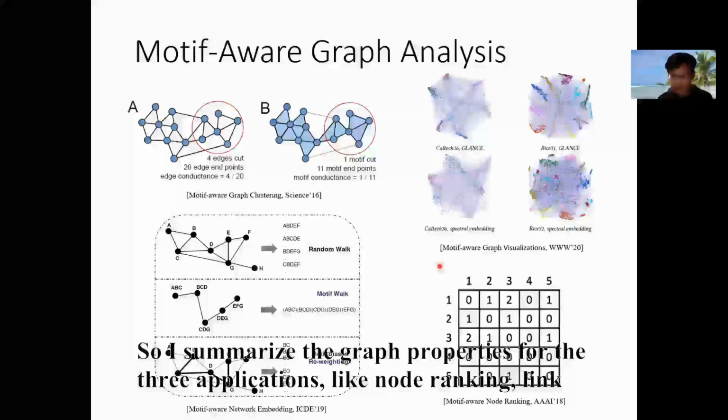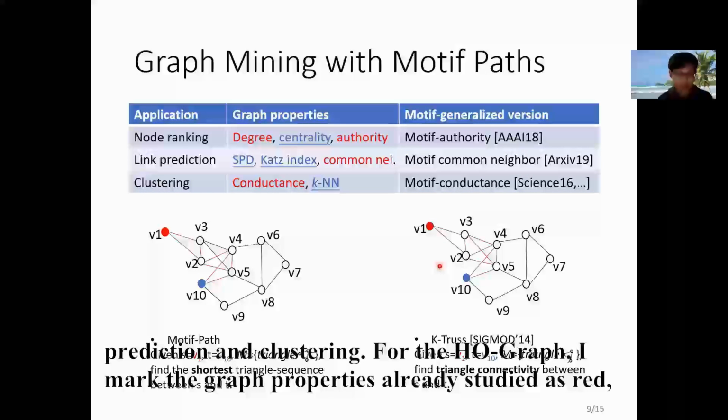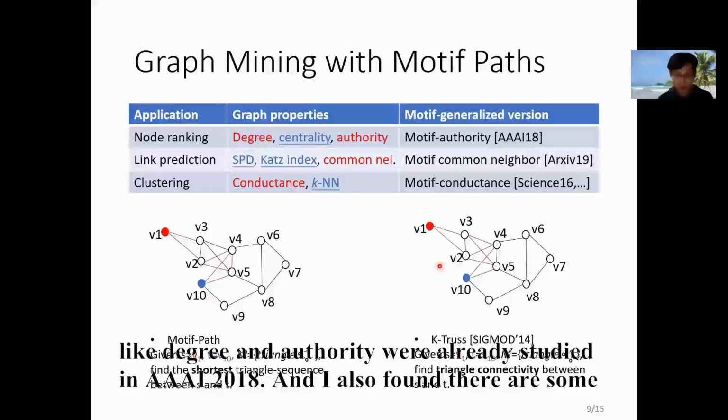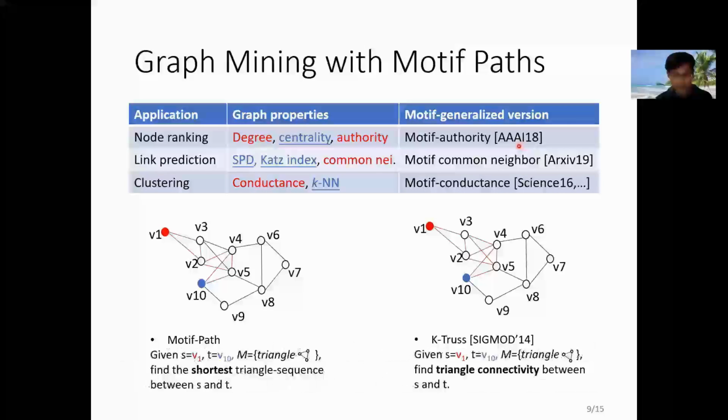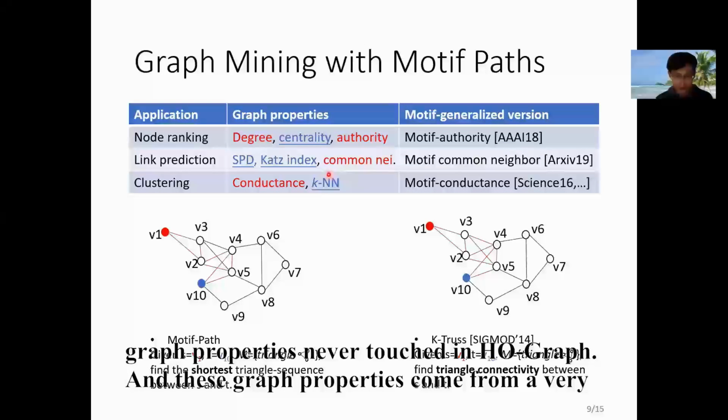I summarize the graph properties for 3 applications: node ranking, link prediction, and clustering. For the HO graph, I mark the graph properties already studied in red, like the degree and authority already studied in AAAI 2018. I also found there are some graph properties never touched in HO graph.